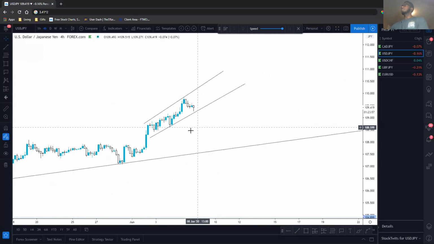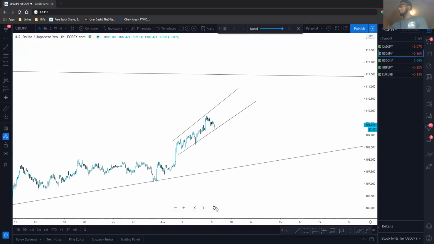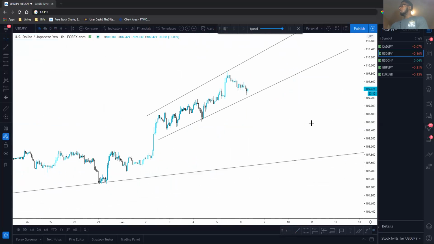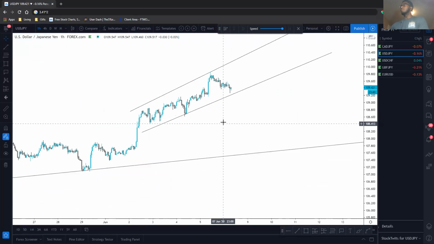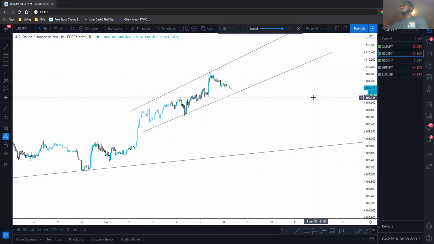We're waiting for price to break out of that ascending channel. That's really the only thing I can go for in this situation. Now, this does look like a bullish flag, but given the overall pattern that we're seeing, I wouldn't take that opportunity at all.